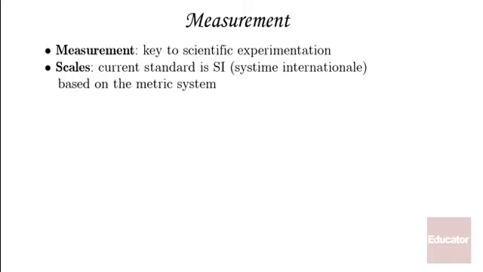And most scientific experiments are carried out to measure things, to learn exactly how much of something is present in a sample, as we just saw the different proportions of isotopes in a sample of an element, or how much of a particular compound reacts with how much of another compound, and how much of a product is formed.